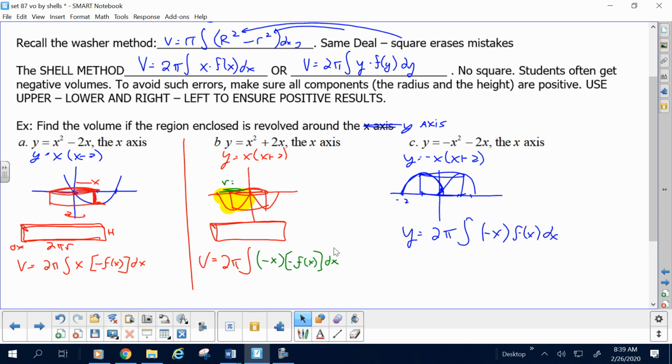I budgeted about 30, 35 minutes for this. That's about AP pacing on the AP test. So you should be able to do this in 35 minutes or less. The majority of you won't need that much.